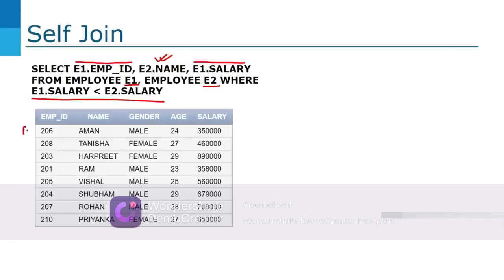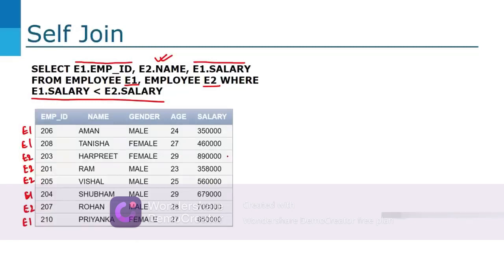Let's say this is from E1, this is from E1, this is from E2, this is from E2, this is from E2, this is from E1, this is from E2, and this is from E1. Some random selection will happen, and randomly these tables will be divided. What I have written is just an example.